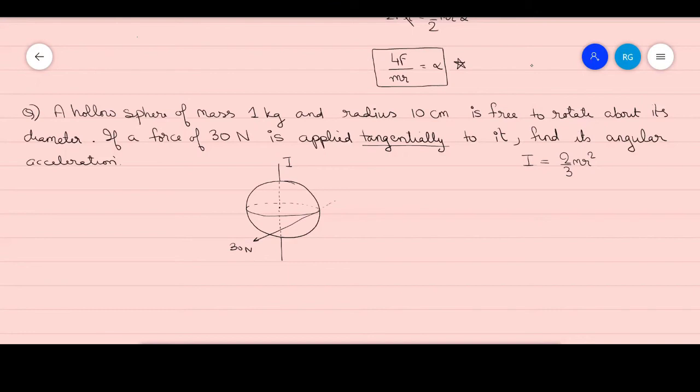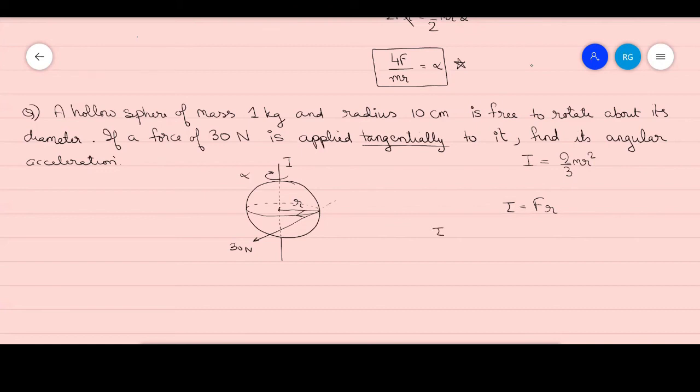So this will make the hollow sphere rotate, as you can see in the diagram. So the torque, this is the center, the axis. The perpendicular distance from the axis will be r itself. So the torque will be F into R. We will write F is equal to 30 newtons later.